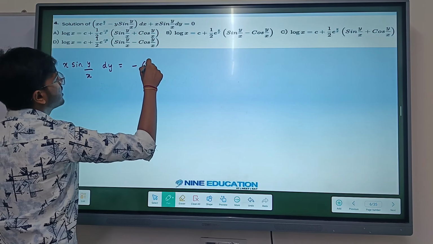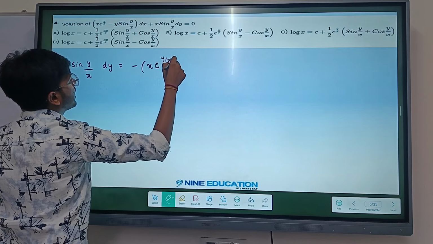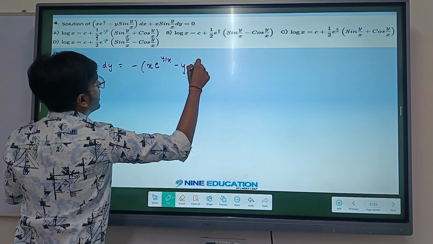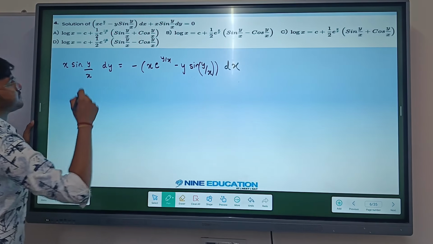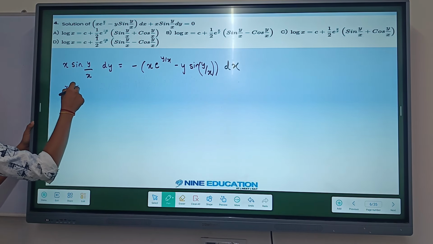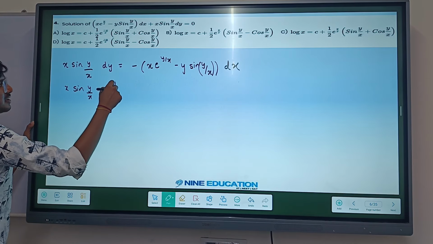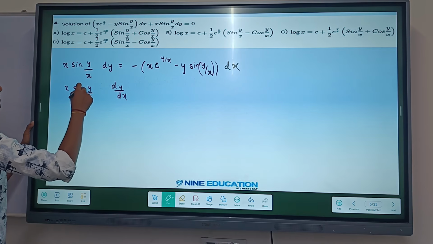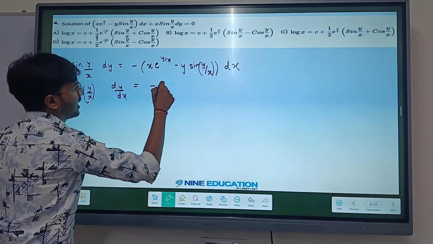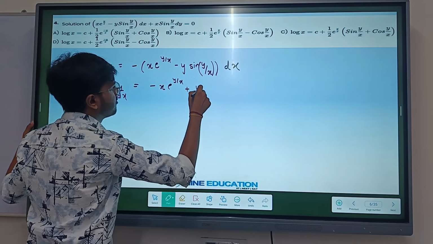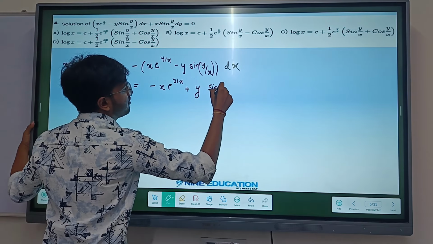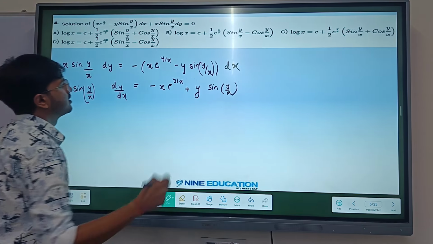So it will become minus x e power y by x minus y sine of y by x dx. So x sine y by x into dy by dx equal to minus x e power y by x plus y sine of y by x.